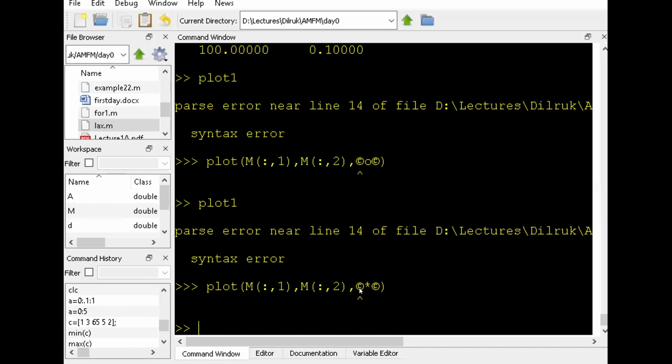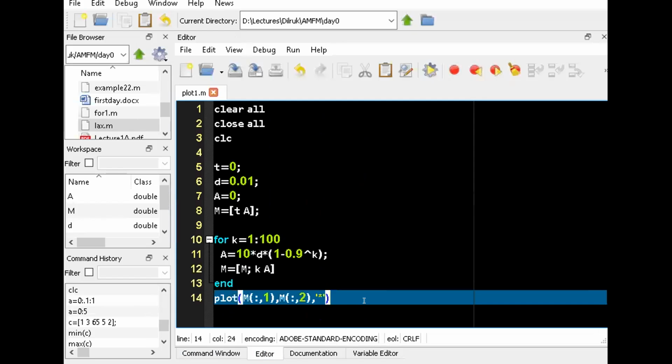I'm getting this weird notation, and I'm not sure why. How do you do this? Let's give a space, then put this mark inside it.